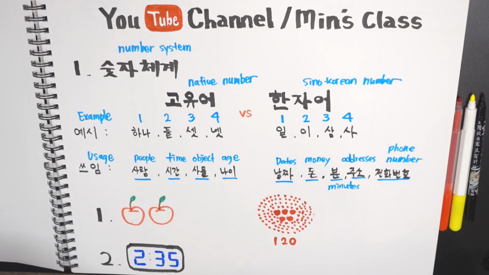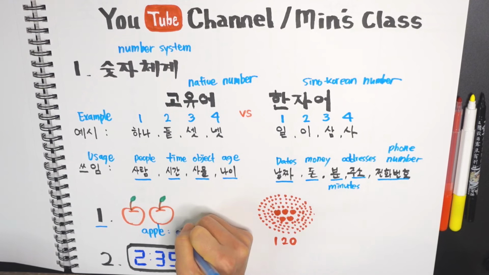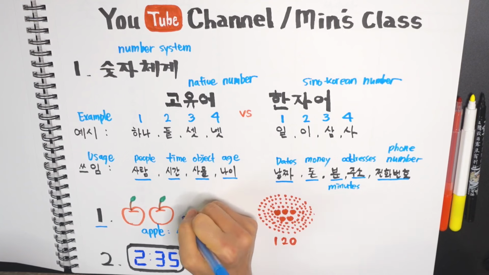So let's do some examples so you can understand how to use native Korean numbers and Sino-Korean numbers correctly. So example number 1. Let's say you want to count 2 apples. Apple is 사과 in Korean, and the pronunciation is 사 and 과.